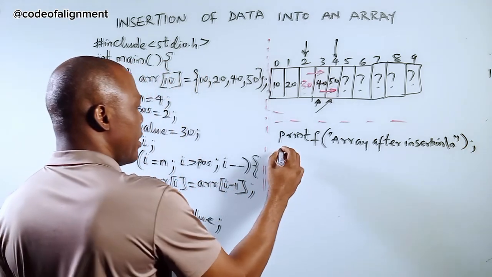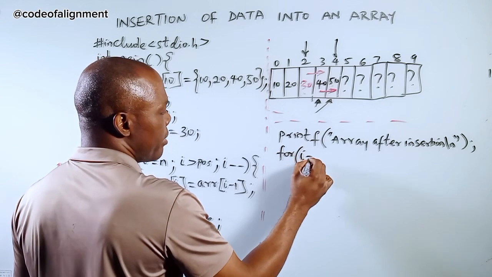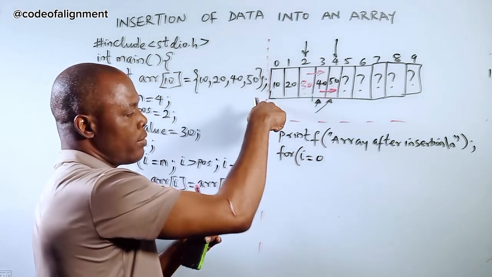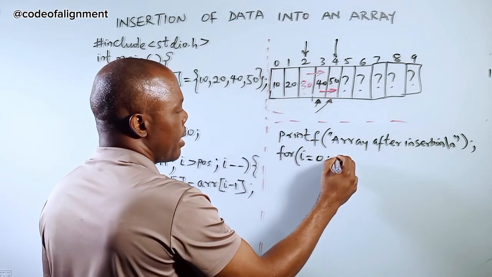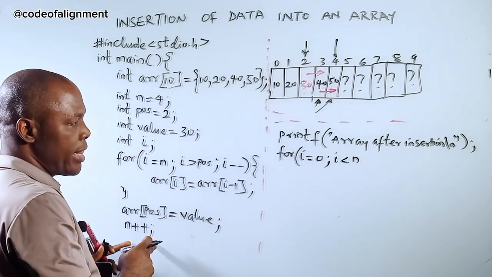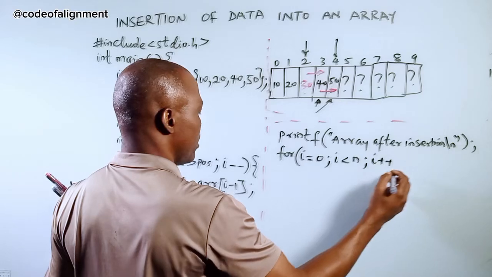Right? Then I'll use my for loop again. For i, this time around, I'm bringing i to 0. Right? Because I want to start counting from here. i less than n, because my n now has increased to 5. i plus plus. Right?